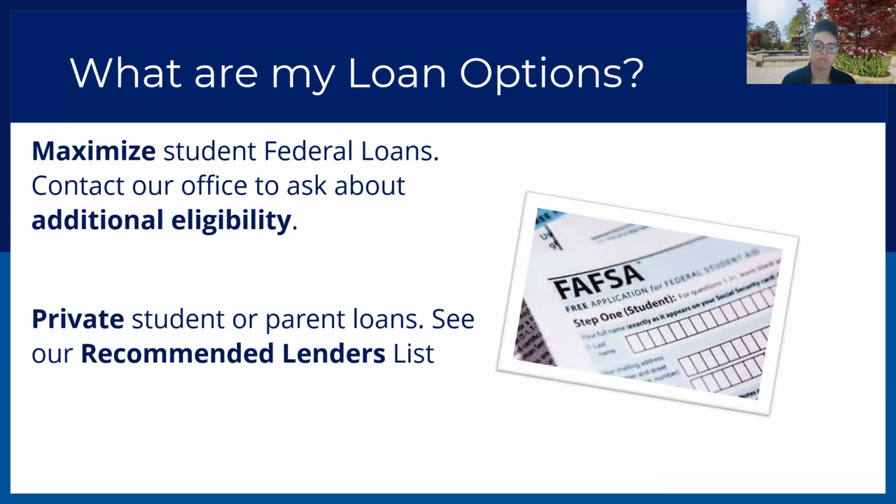So to get to the recommended lender list, you can just plug it in our website. You could go to the financial aid .duke.edu and go under the loan section to navigate to the list. You could just plug it into Google, Duke recommended lender list. It'll take you there. But it's updated every July, so it is updated for the coming season for you all to pursue that process.